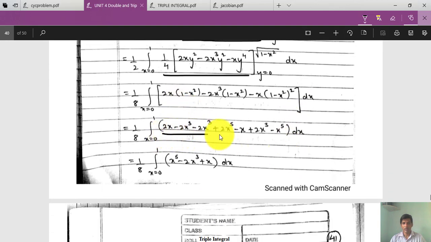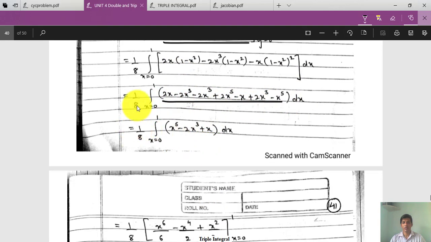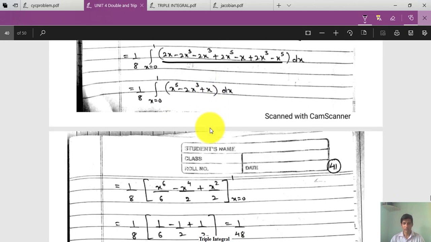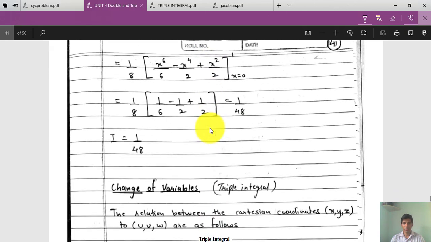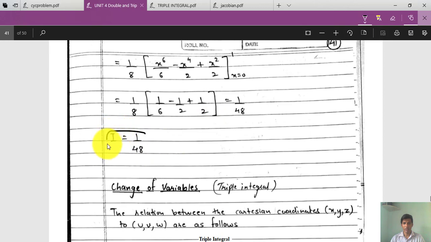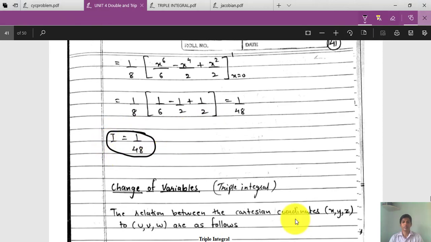After evaluating this I get this particular answer. Therefore it is 1 by 8 times the integration from x equal to 0 to 1 of x to the power 5 minus 2x cubed plus 6 dx. After evaluating, I get my output as 1 divided by 48.